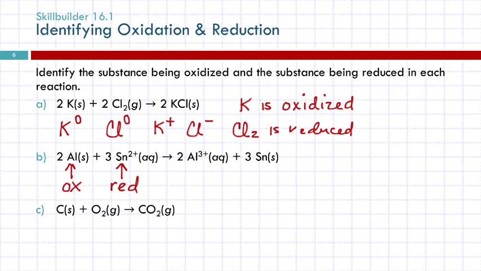Gaining oxygen, right? So who's gaining oxygen, carbon or oxygen? Well, oxygen can't gain oxygen. Carbon's gaining oxygen. So the carbon is being oxidized. Something has to be reduced. There's only one other thing there. It's got to be the oxygen. Any questions?